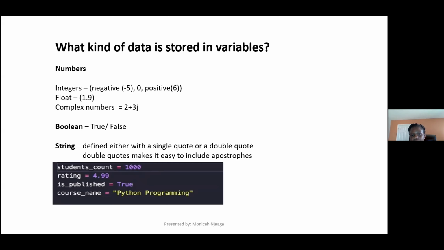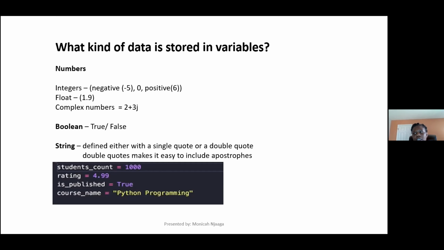And how do you define a string? Like, how did you define your name? You can define a string using a single quote or double quote. And you might be wondering, why do we sometimes use single quotes and sometimes double quotes for strings? It's because double quotes make it easier when you want to include apostrophes.